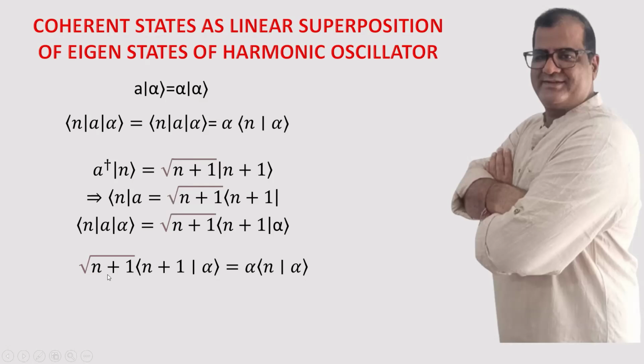Now let us replace n by n minus 1. So if I replace n by n minus 1, what will it become? This equation becomes <n|alpha> equal to alpha over root n times <n-1|alpha>. Similarly, if I keep on decreasing, replacing n minus 1 by n minus 2, the alpha will come once more, and root n minus 1 will come.